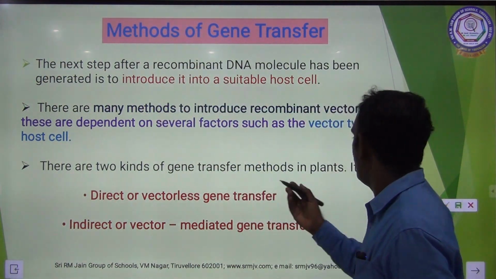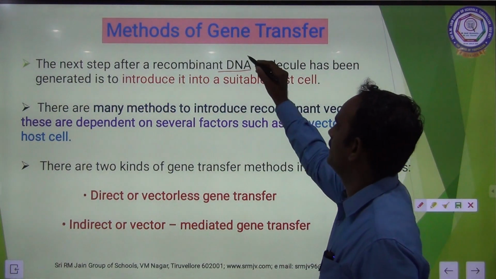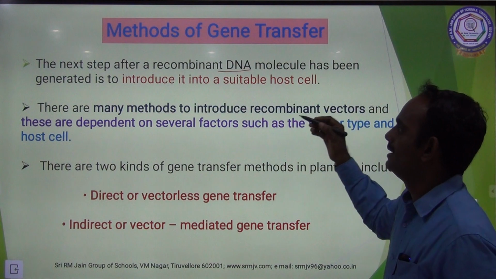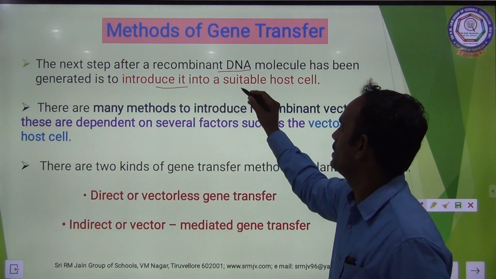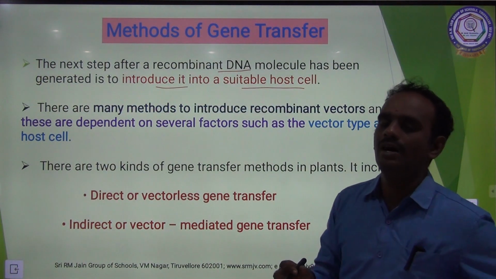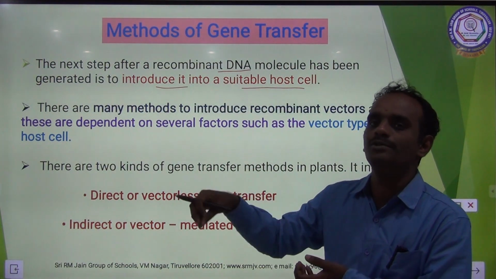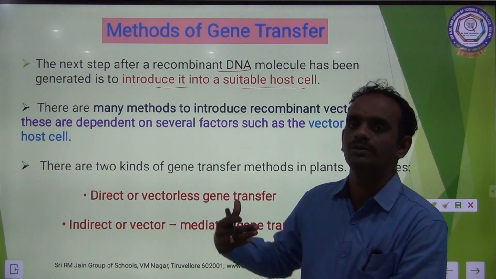The next step: once the rDNA, the recombinant DNA molecule, has been generated, it has to be introduced into a suitable host cell. That is the next step in gene cloning.